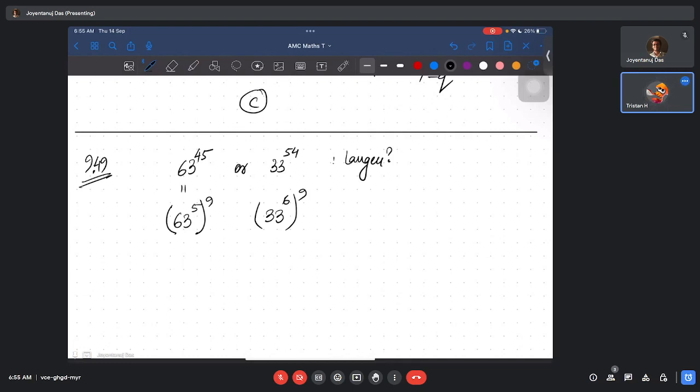And then from here you can decrease 63 to 60, and then 33 to 35. Decrease means finding a closer number, correct?